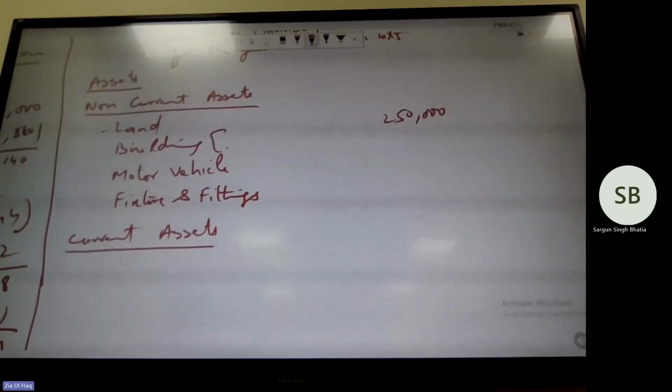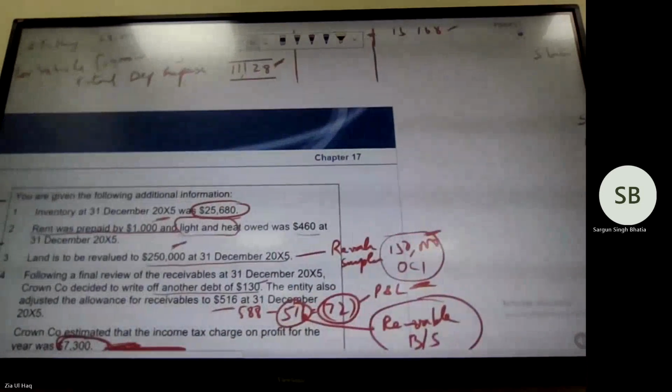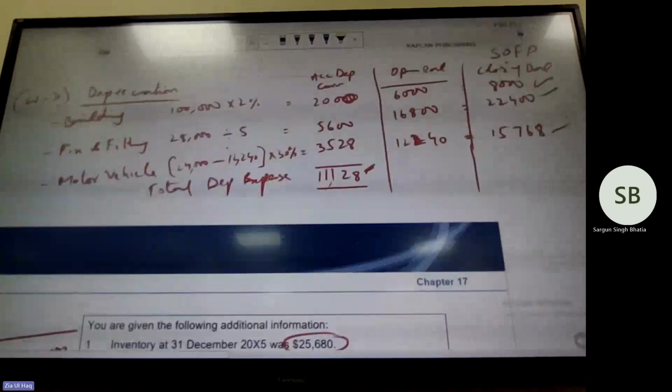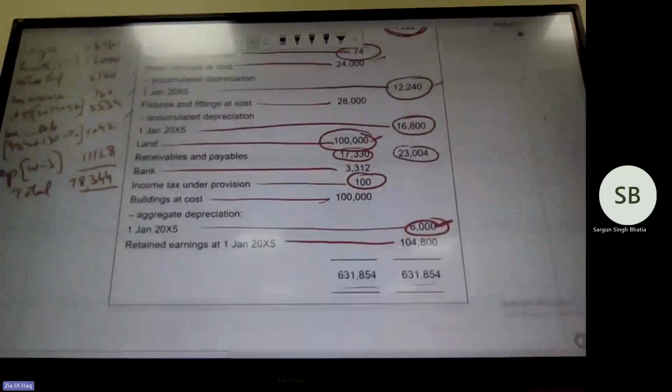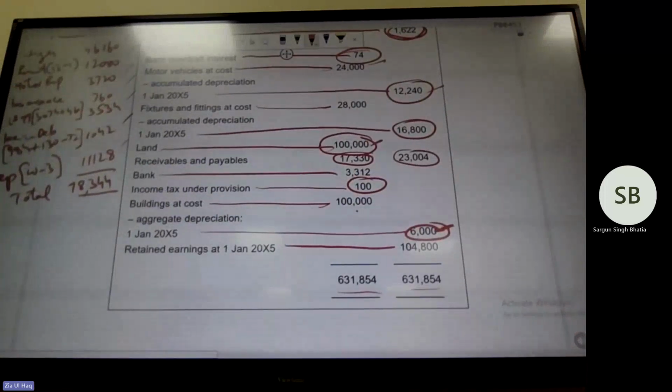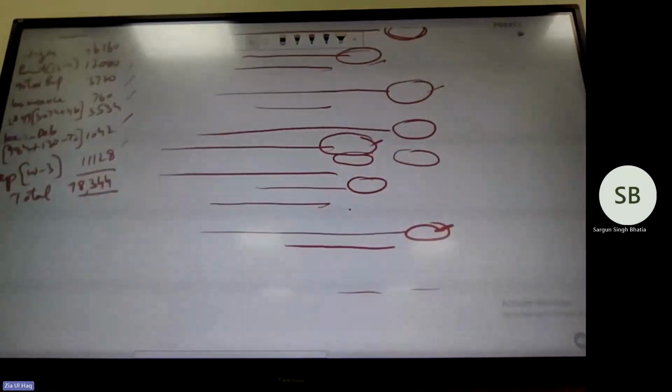For building, we have calculated its accumulated depreciation. How much? 8,000. What was its cost? Building cost was 100,000.